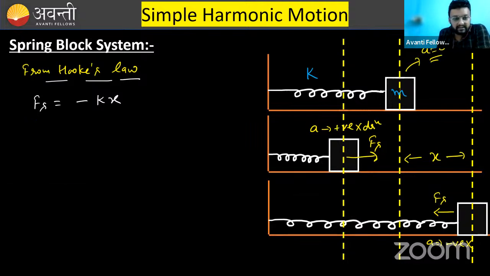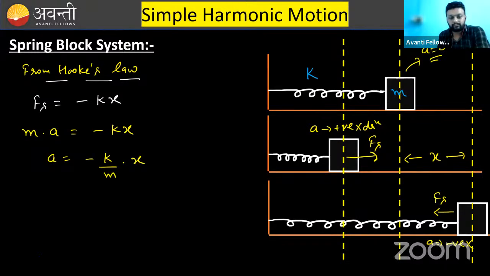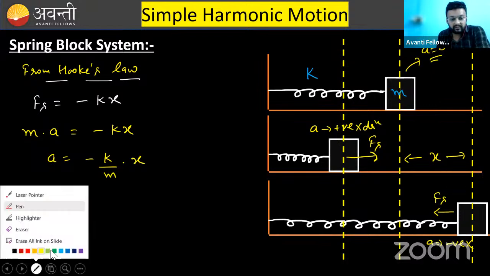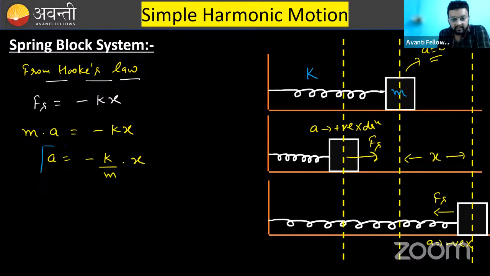Now, this spring force acts on the block. So you can write, from Newton's second law, F is equal to mass times acceleration. Mass of the block is m. Let's suppose its acceleration is a, equal to negative of kx. So a is equal to negative of k by m into x. Can you see here that k is the spring constant, which is a constant term? m is the mass, that means k upon m is a complete constant.